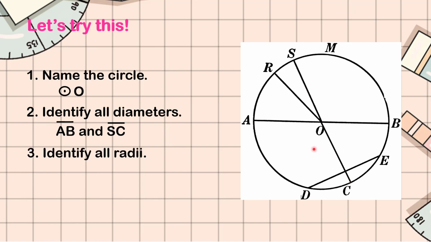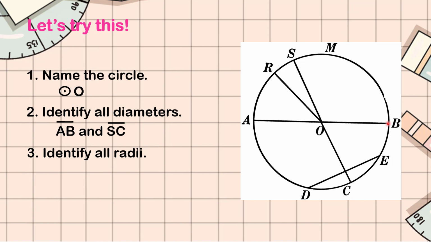Number 3. Identify all radii. Radii is the plural form for radius, and a radius is a segment whose one endpoint lies on the center of the circle and another endpoint lies on the circle.